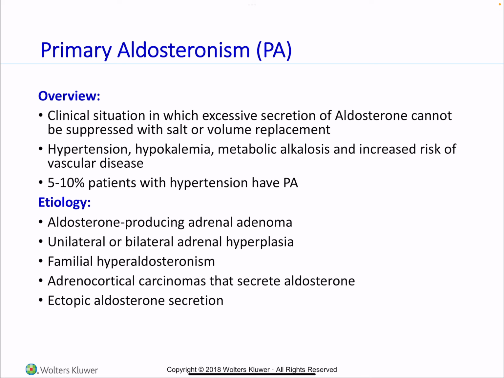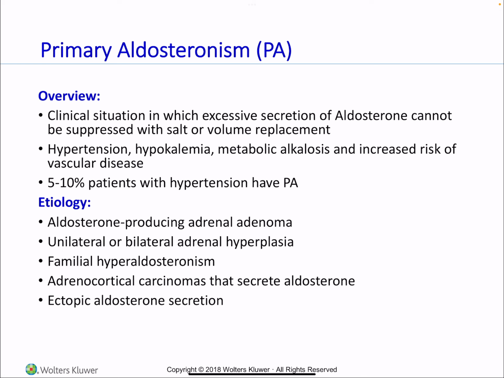So in this condition, there is excessive secretion of aldosterone, and it cannot be suppressed with salt or volume replacement. There is hypertension, hypokalemia, so a decrease in potassium, metabolic alkalosis, and also an increased risk of vascular disease. About 5 to 10% of patients with hypertension have primary aldosteronism.